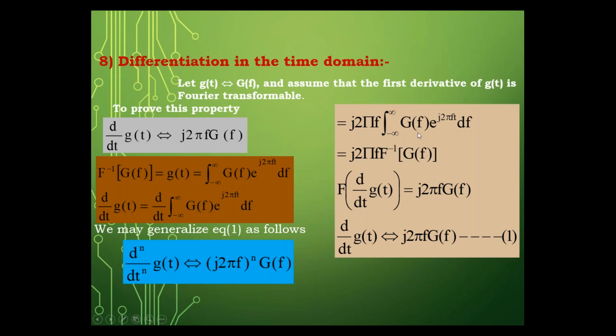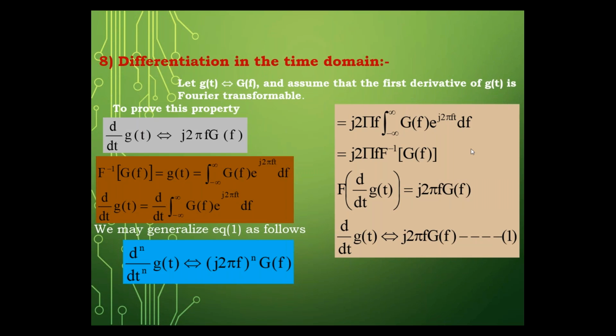It's a simple technique. When you have differentiation, you need to apply d by dt of uv, which is u into derivative of v plus v into derivative of u. From that, since the term in the frequency domain does not depend on time, its derivative becomes 0, so you will not get that. So when you differentiate this exponential term with respect to time, I can write e power j2 pi f t as j2 pi f into e power j2 pi f t.